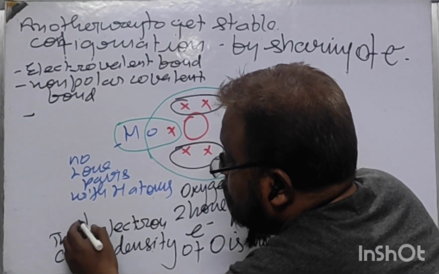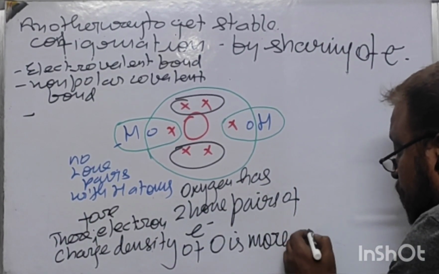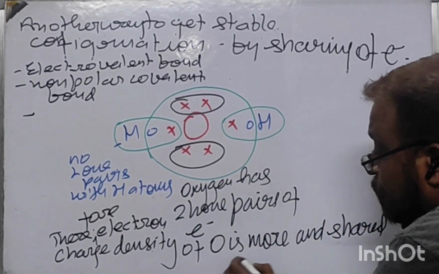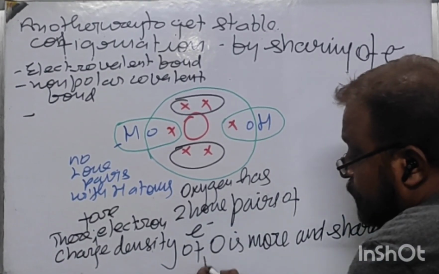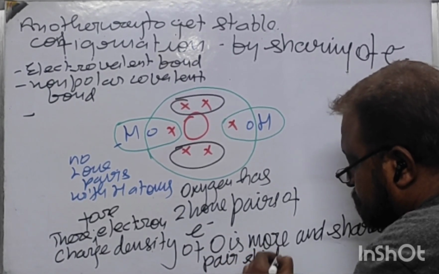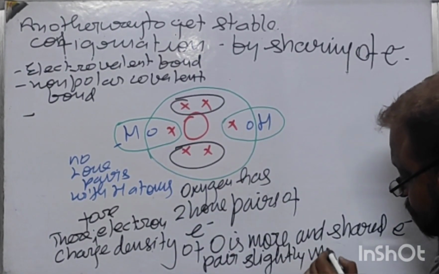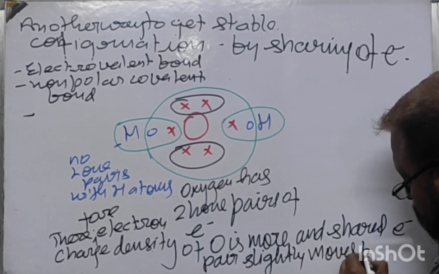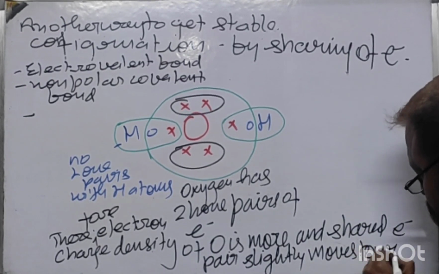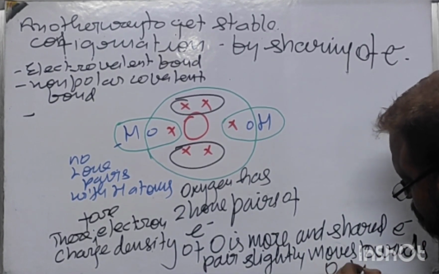Therefore, the electron charge density of oxygen is more, and the shared electron pair slightly moves towards the oxygen atom, right?